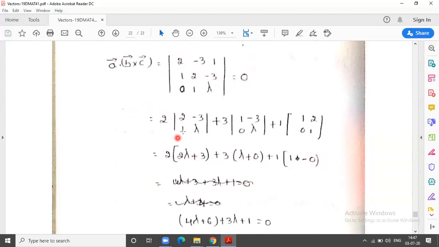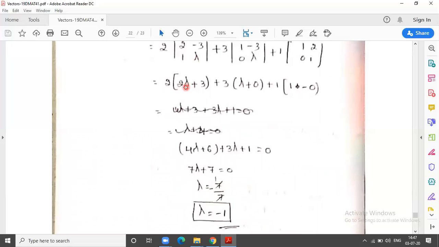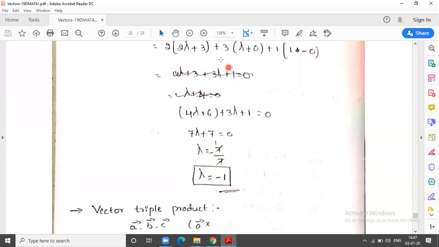Simplify this determinant: 2 into the determinant of (2, -3; 1, lambda), plus 3 into the determinant of (1, -3; 0, lambda), plus 1 into the determinant of (1, 2; 0, 1). So 2 into (2 lambda plus 3), plus 3 into (lambda minus 0), plus 1 into 1, equals 0. This becomes 4 lambda plus 6 plus 3 lambda plus 1 equals 0.